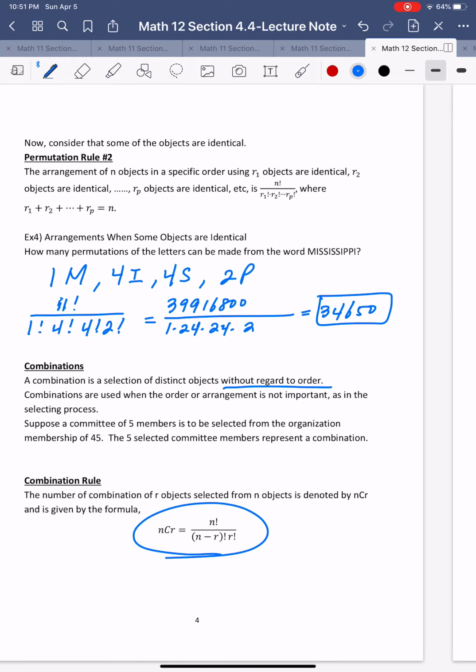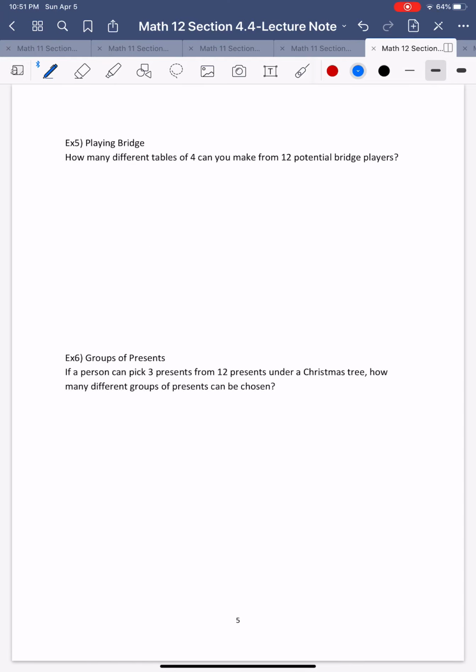Let's look at this. Okay, so playing bridge. How many different tables of 4 can you make from the 12 potential bridge players? So there are 12 bridge players, but you only choose 4. So which is 12 factorial. You subtract 12 minus 4, just like permutation, but you also divide by 4 factorial. So which becomes 12 factorial over 8 factorial, 4 factorial.